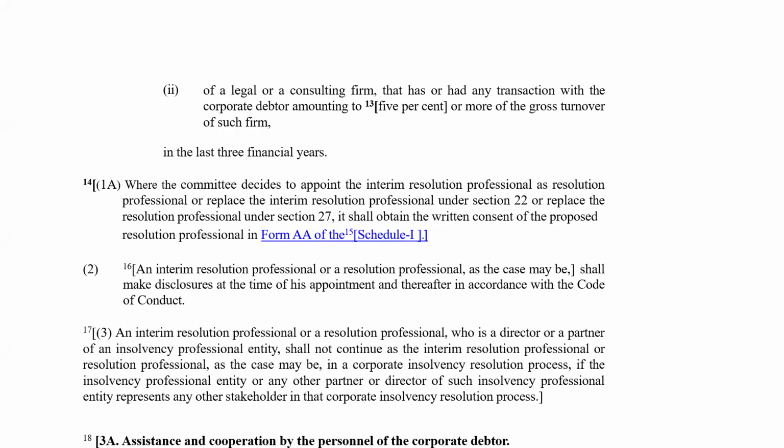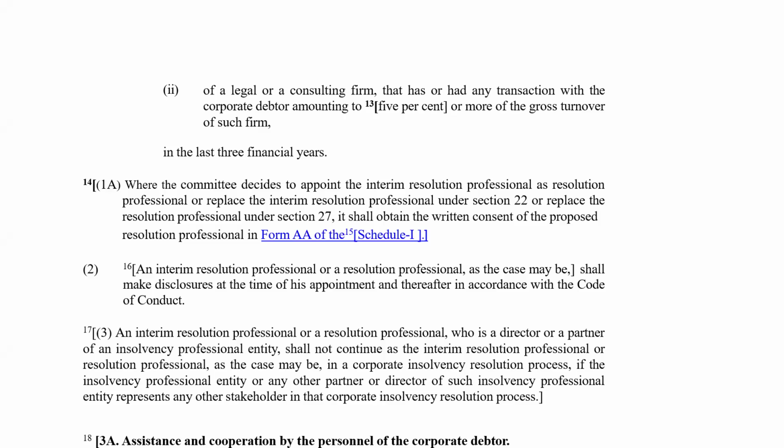Suppose there is a legal or consulting firm that has got a turnover of say 100 crores. Now, if that consulting firm is having say 5 crores of transactions with the CD, that means it is 5% or more, right? So in that case, he will be considered to be not independent. It has to be less than 5%, right? And what has to be seen? The turnover of that consulting or legal firm and what is the transaction which it is having with the CD, right?